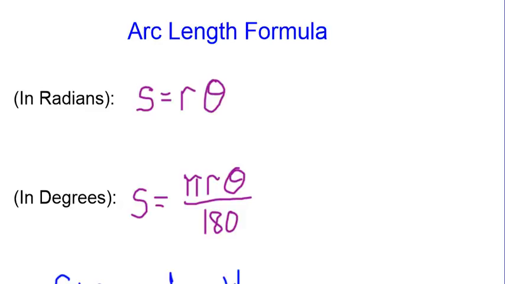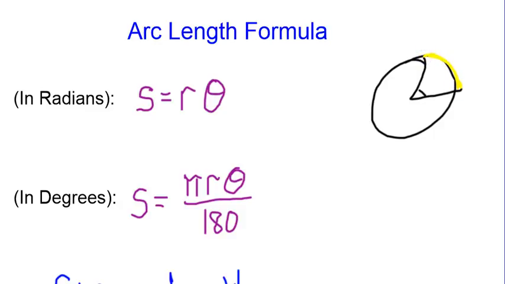The next thing we're going to talk about is the arc length formula. Okay. We're talking about a circle. Okay. And we have some central angle drawn in here. The arc length is referring to this distance around the outside of the circle.